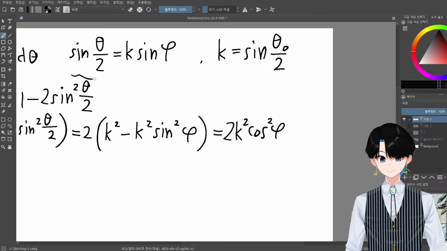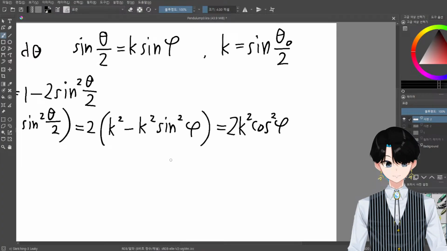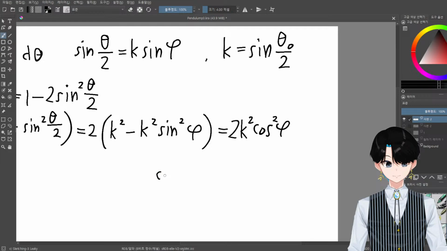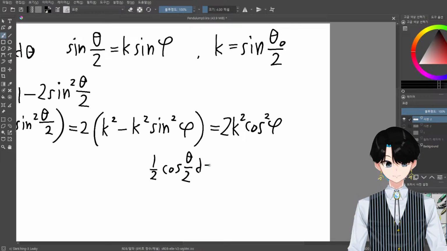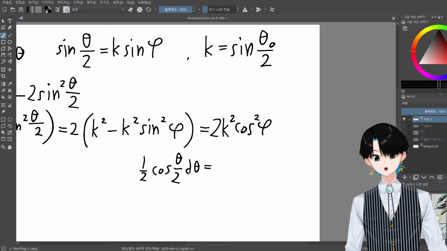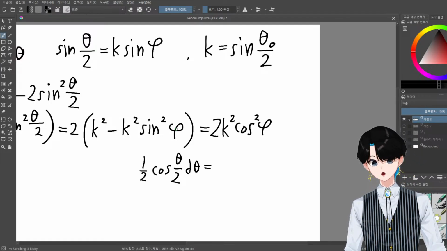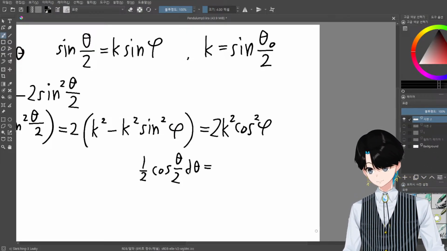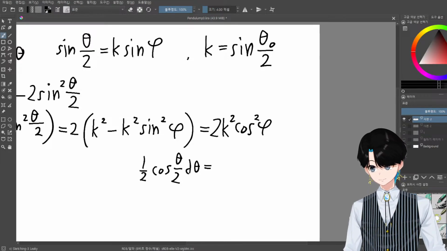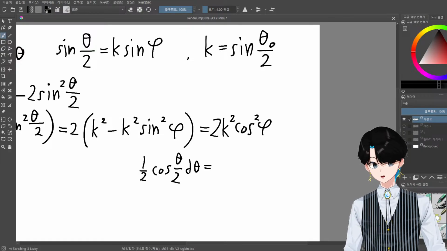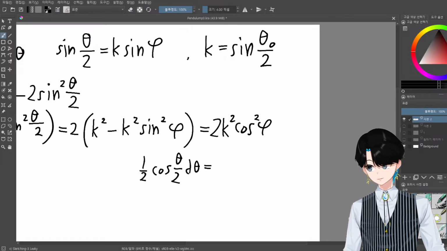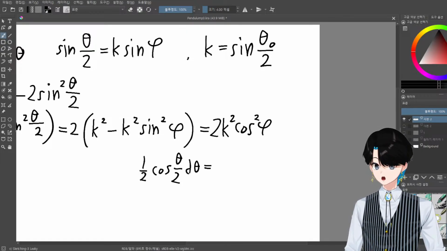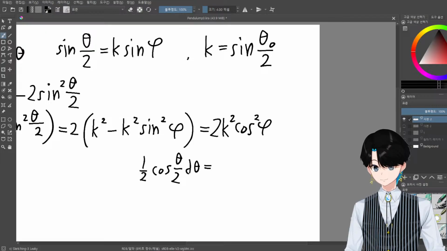We're going to differentiate this equation. Then it will be sine, d theta is equal to... Wait, is this not correct? Something fishy about this.